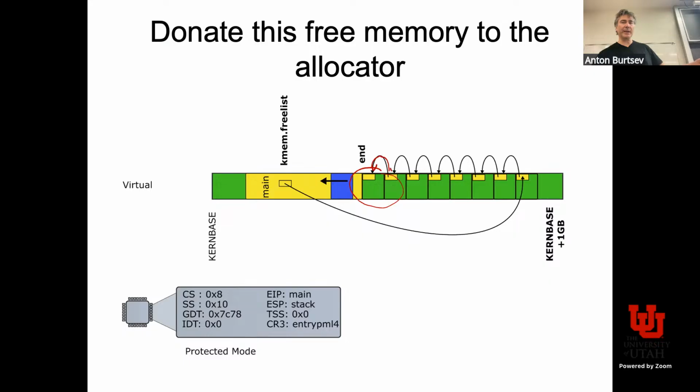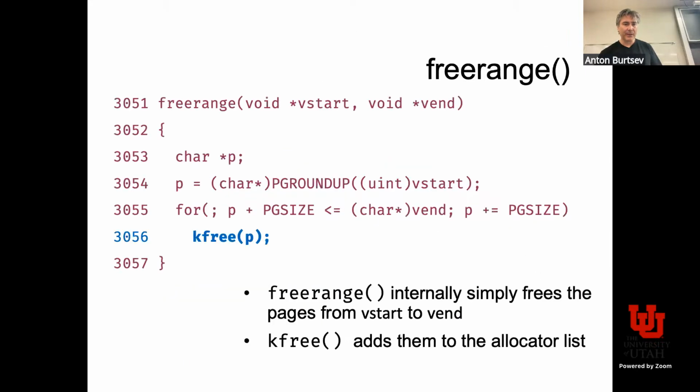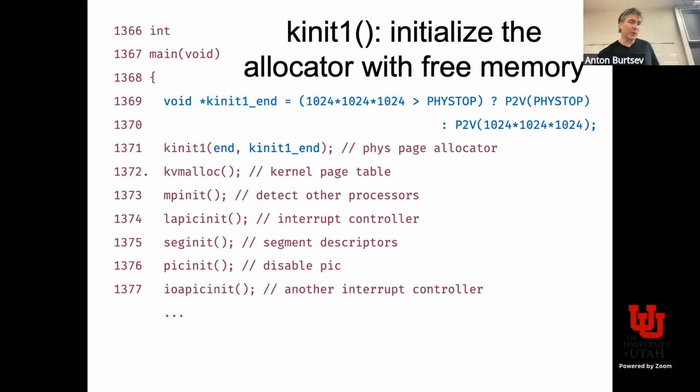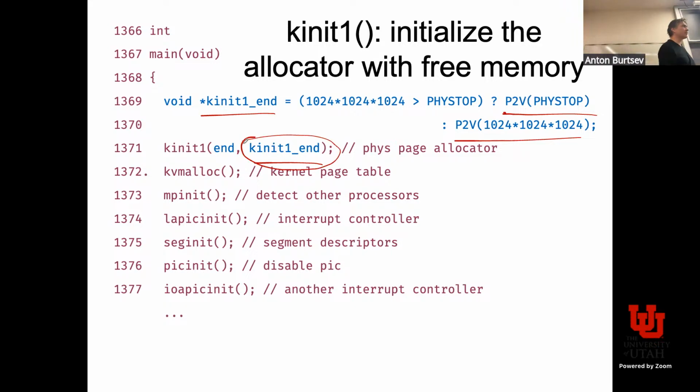So the list grows this way, and the very last page added to the list will be allocated first. In practice, this last page is not 1 gigabyte, it's not 8 terabytes plus 1 gigabyte, it's just kinit end. That's why kinit end can be two different things, but it's always known as kinit end minus 4 kilobytes, right? Makes sense?